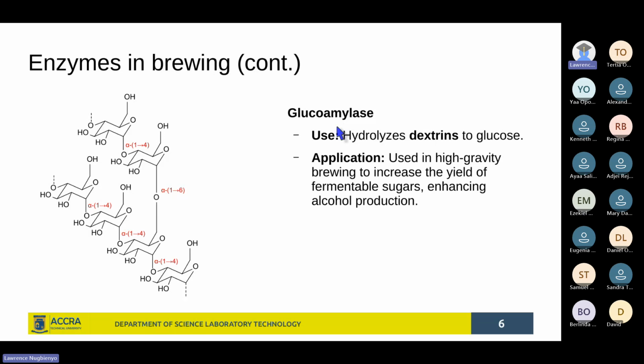So, for instance, when we say alpha amylase, beta amylase, and glucoamylase, a lot of times these industries have these enzymes already in a mixture that they purchase to make use of. So it's not like they would have to buy each and every one separately.